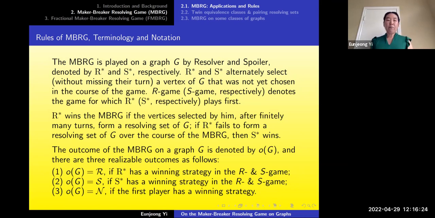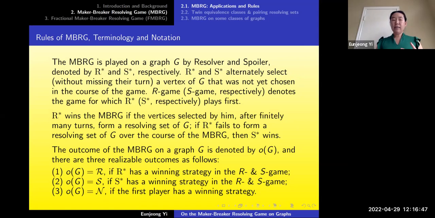The outcome of the MBRG of a graph is denoted by a small o of G. One can view it as 4 possibilities, but in fact there are 3 realizable outcomes. First, the resolver wins regardless of who plays first; that is curly R. Outcome S is the spoiler winning regardless of who plays first.